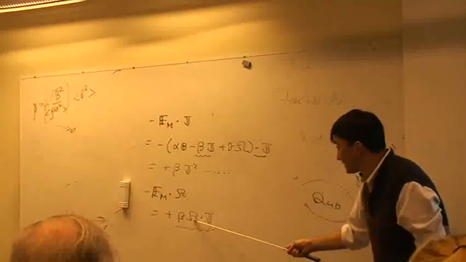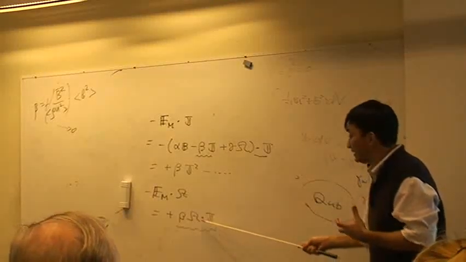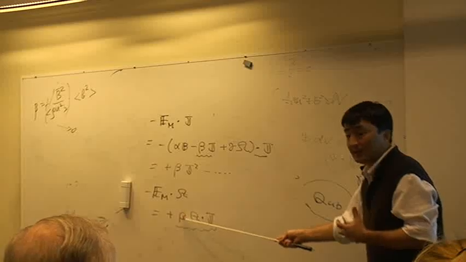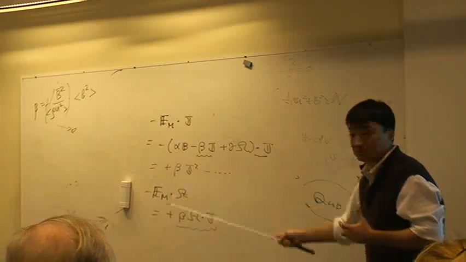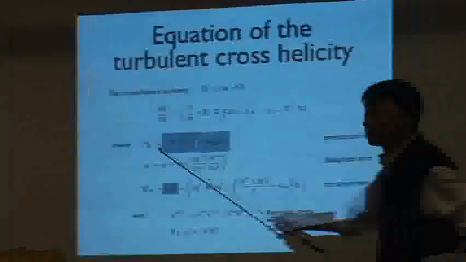This is very important. If we have a coupling between a large-scale vortical motion and a large-scale current density with turbulence, beta, we have a production of cross-density. That is the second very important factor to produce cross-density.